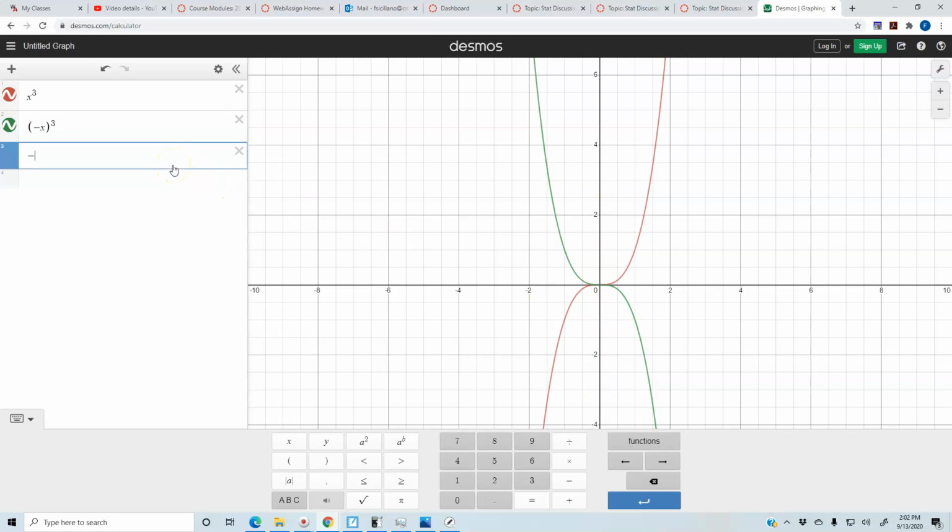Now, if we take a negative value and apply it to the negative x here, we should end up in the same location once I apply that exponent of 3. Now you can see that it's turned purple because the purple now has the same result as x cubed. So what we've done is we rotated it all the way around the origin.